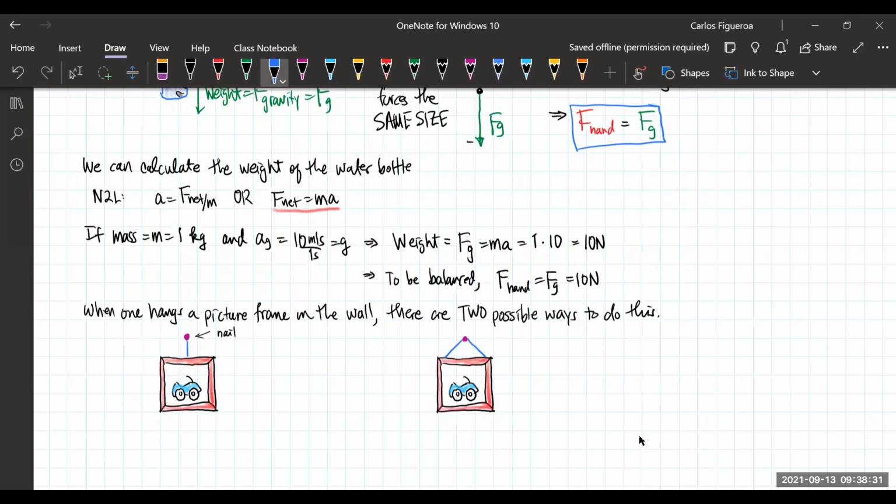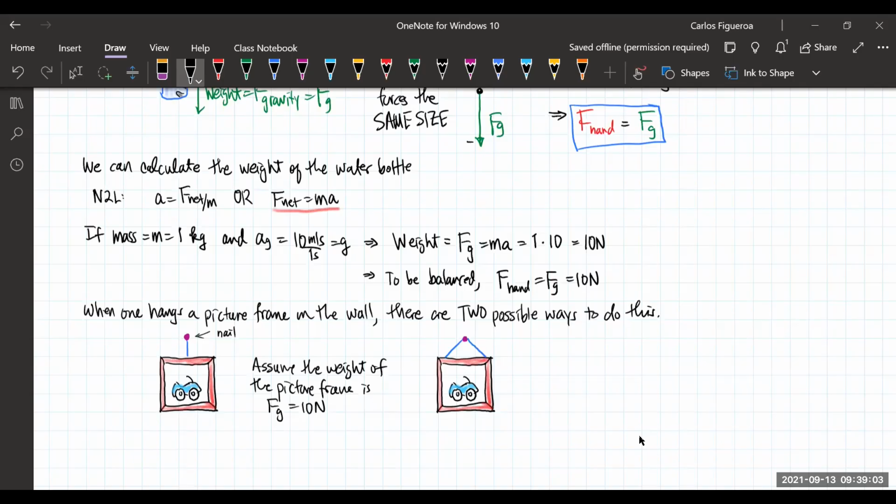And I'm going to make an assumption here. We're going to assume the weight of the picture frame is the force of gravity of 10 newtons. Since we're using 10, we're going to continue to use 10.